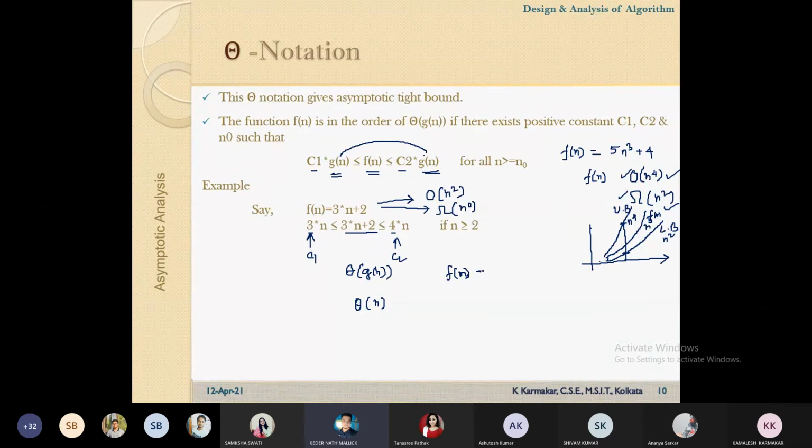Okay. Fn equals 10 to the power n plus or minus some constant, say plus 5. So in that case, how can we determine the upper bound? Is that upper bound or lower?